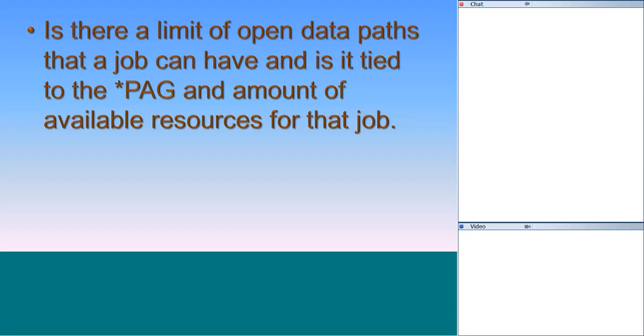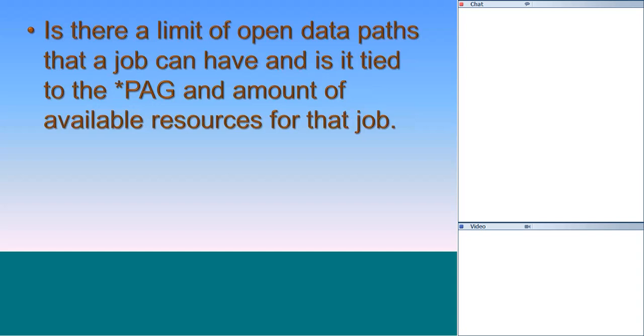A job is not limited in terms of resources, but obviously your entire system is limited in terms of its memory resources. And as a result, if your PAG gets so big that it cannot fit in available memory, the operating system starts swapping PAGs in and out of memory in order to make space for your job's PAG, because the PAG for your job has to be in memory before that job can execute.